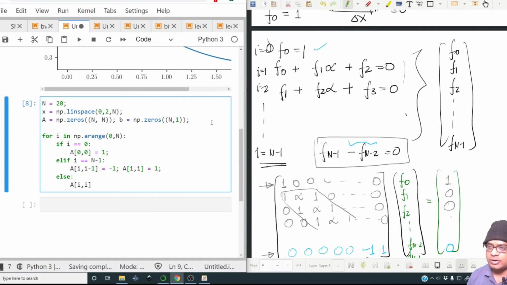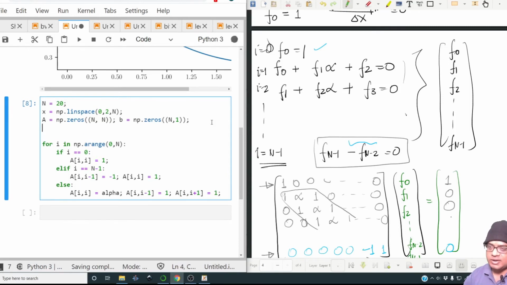So I can simply write it in terms of i. So A[i,i] will be equal to alpha, A[i,i-1] is going to be 1, A[i,i+1] is also going to be 1. Essentially it's assigning the three values, and you can figure out how this is going to work.